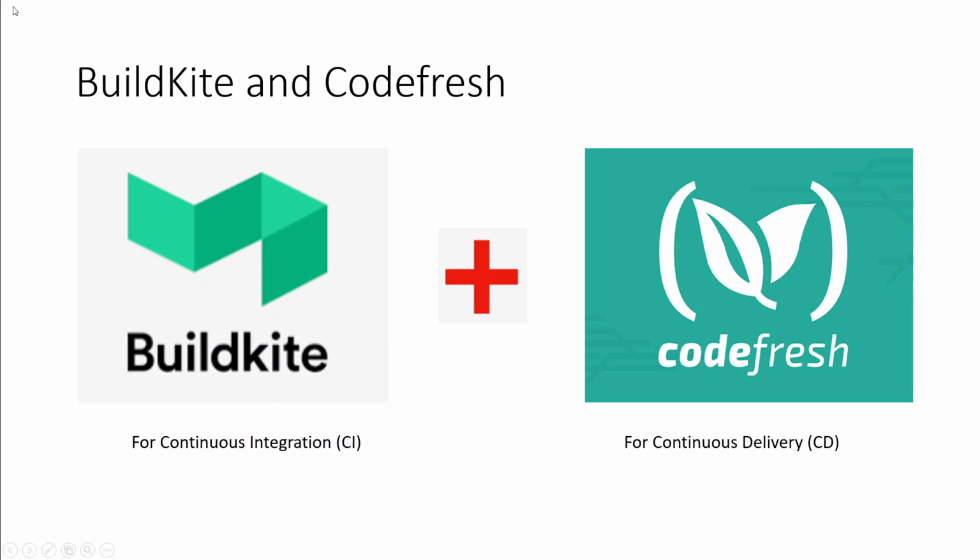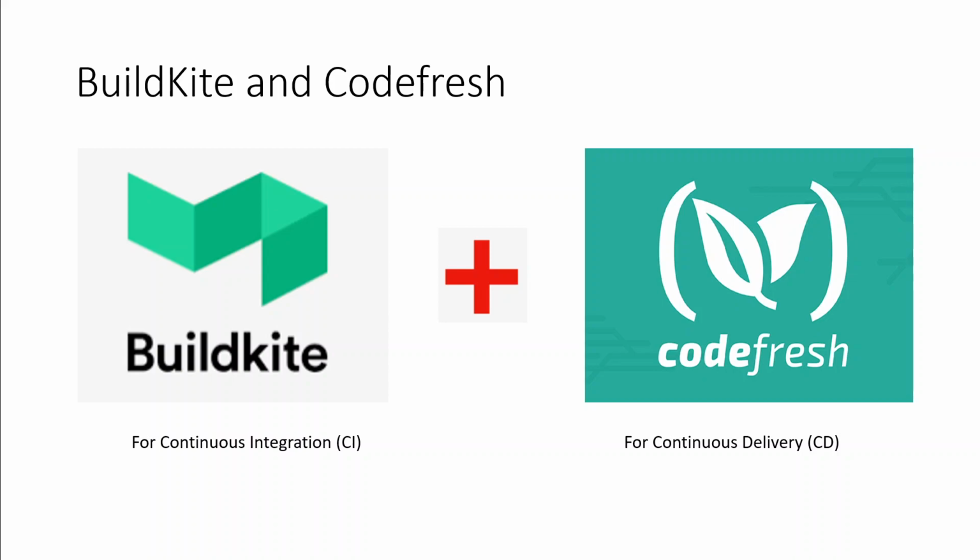Now, coming back to the original point of combining BuildKite and Codefresh, I think that can do wonders. So let's suppose you are building your containers in-house by using BuildKite agents and your source code remains with you. And you do all of your testing, software composition analysis, and other hardening of your application within your own environment behind your firewall.